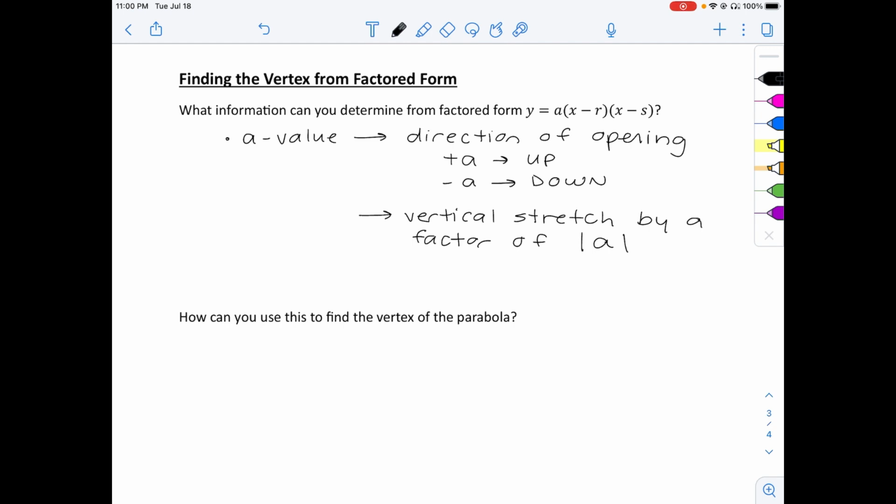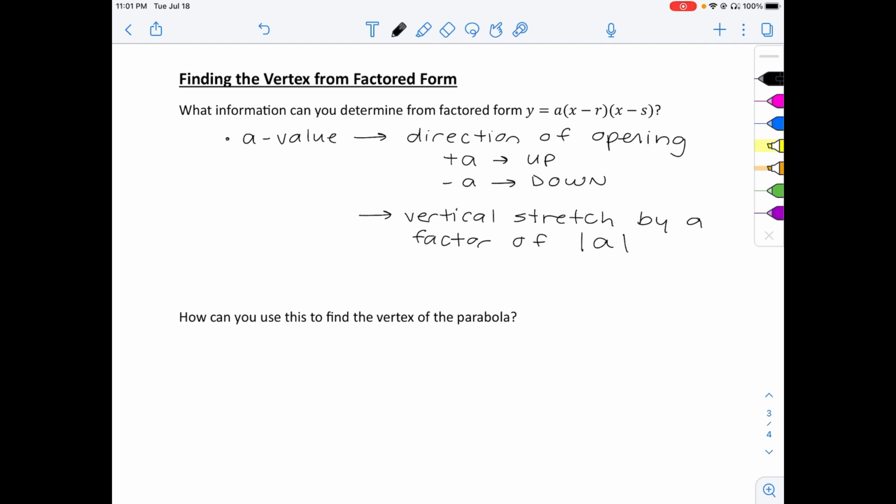And just a reminder that in this course, we're not going to use the compression language, vertical compression. We will just call everything a vertical stretch if there's an a value that's not 1. Depending on if you've taken this course before or on your teacher in grade 11, typically they'll start to use the stretch and compression language then, but for the sake of understanding what's happening, we're just going to call everything a vertical stretch by a factor of whatever the a value is.